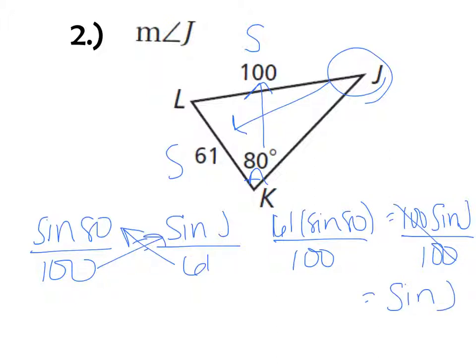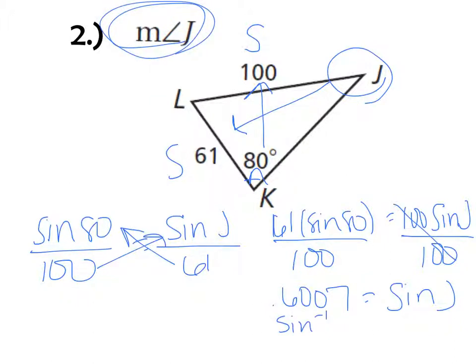So now in my calculator, I'm going to type 61 times the sine of 80. Make sure I close my parenthesis for 80, divided by 100, and I get 0.6007. Now remember, whenever you need an angle to come out, that means you have to do sine inverse.